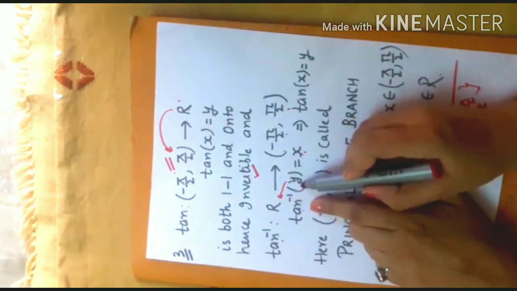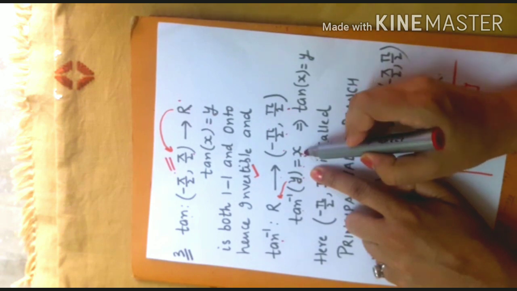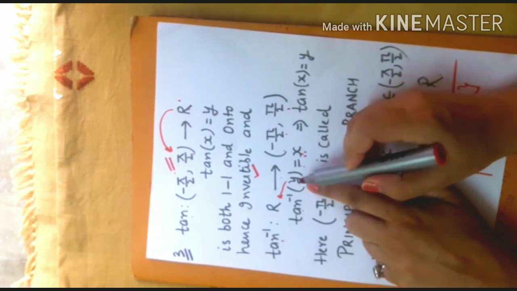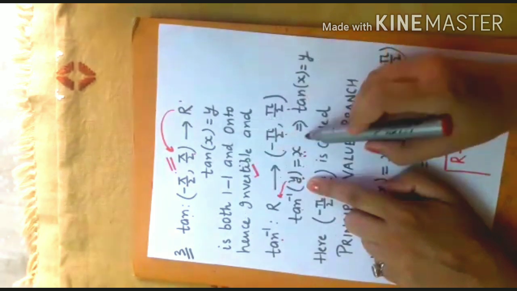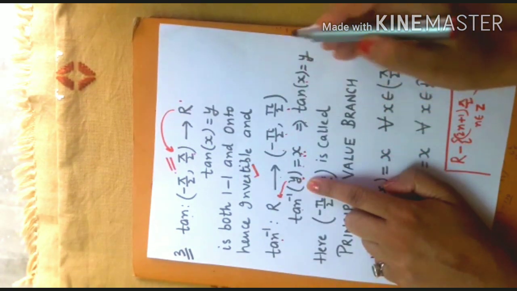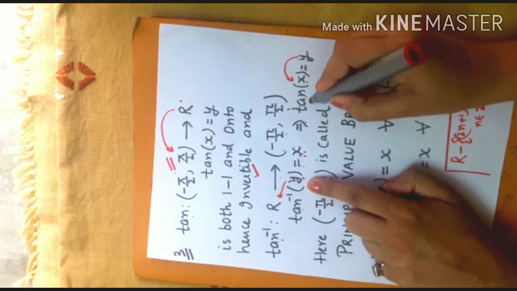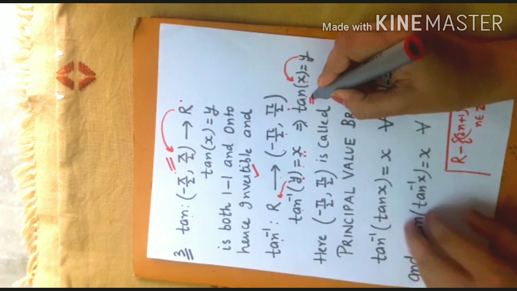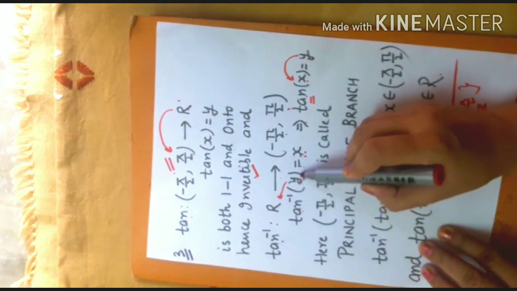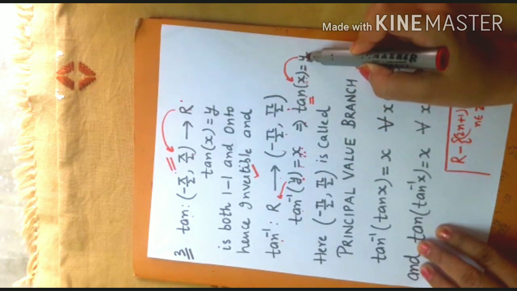So if tan inverse y is equal to x, this means that x is the pre-image of y under the function tan. And this should imply tan x is equal to y. So remember this, tan inverse y equals x implies tan x is equal to y.